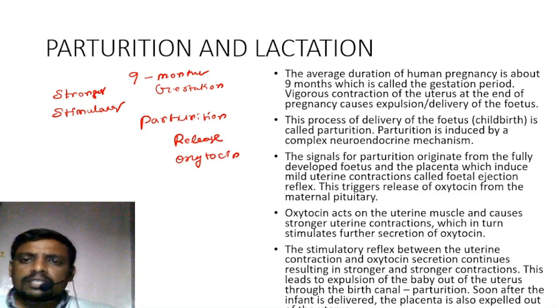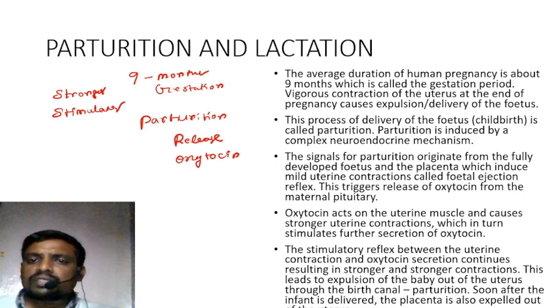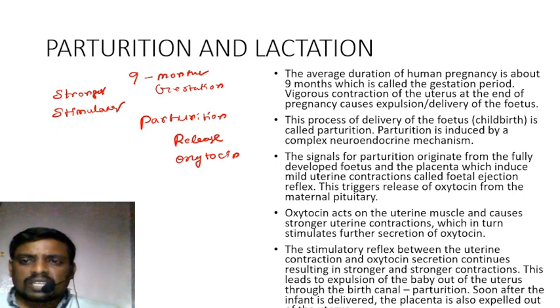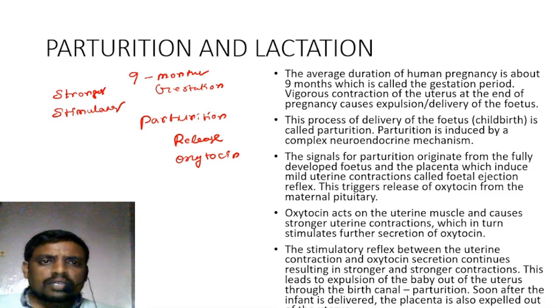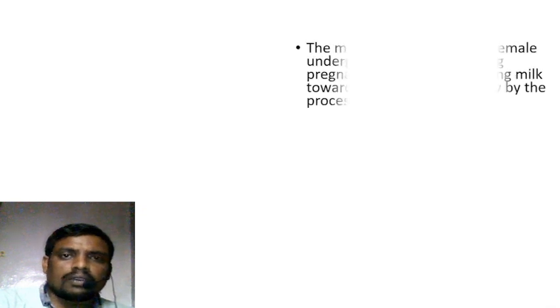The simultaneous reflex between the uterine contractions and oxytocin secretion continues, resulting in strong muscle contraction. This leads to expulsion of the baby out of the uterus through the birth canal.